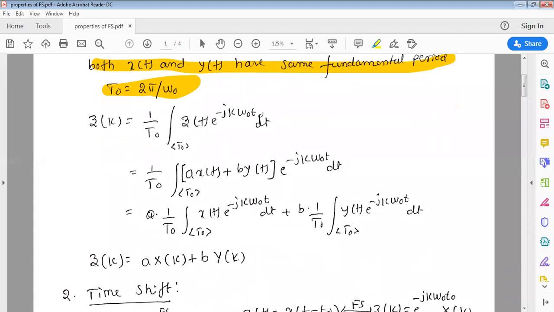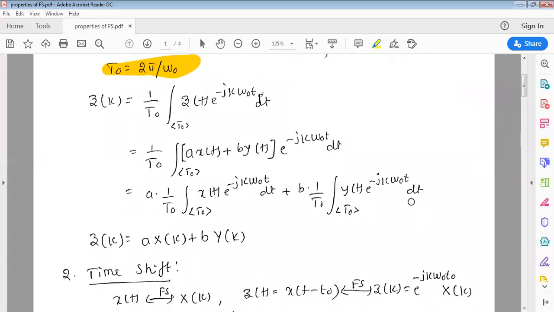Therefore, a is taken outside: 1 by T naught integral over a period of T naught x of t into e power minus jk omega naught t. Plus b you take outside: 1 by T naught integral over a period of T naught y of t e power minus jk omega naught t. Why I have taken a and b outside is because they are constants.